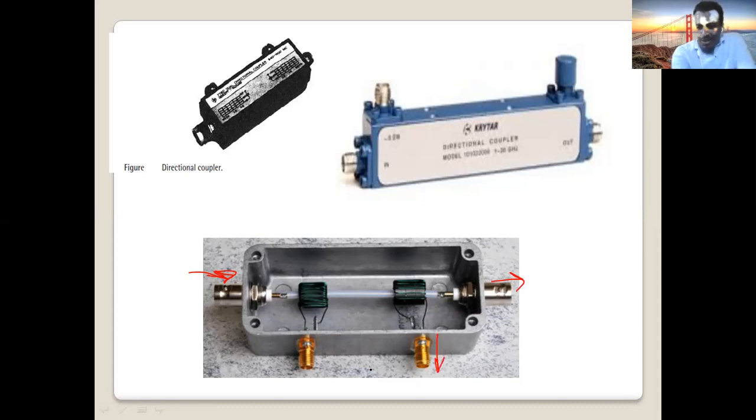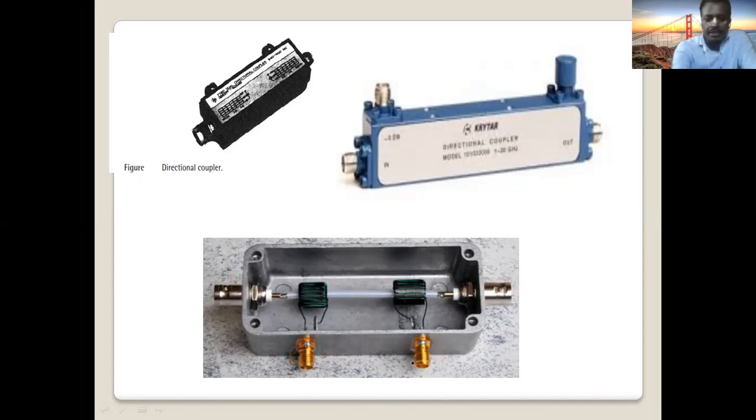Only a very small amount will go to the wrong direction. This is the wrong direction. We don't need coupling at P4. What we need at P4? P4 must be 0. No coupling in this direction. Because the device is not perfect, you will get some P4, very small P4. We'll discuss that one. But this is what you call P3.